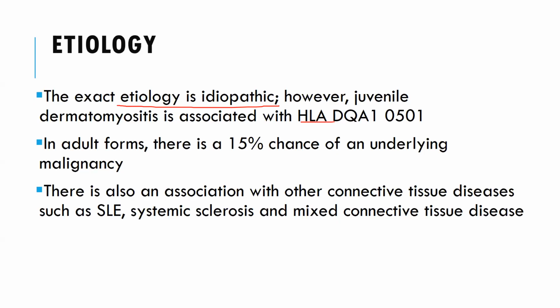In the adult form, for most of them there's a 50% chance of an underlying malignancy. So the thought is that because of the malignancy, you have stray autoantibodies that end up attacking the endothelial vessels of capillaries that supply the muscle tissue.